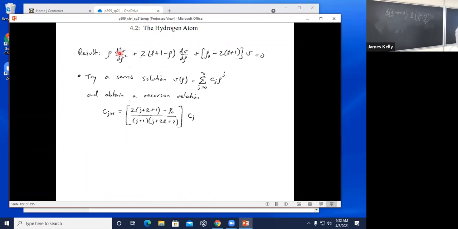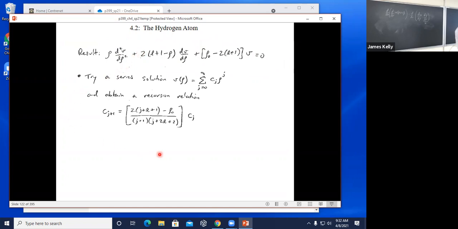Now we're going to try a series solution, okay? So I write a generic power series, and I substitute that in, differentiating term by term for the derivatives. And then you remember the technique: the coefficients of all the powers are 0, and so if I add together all the coefficients of each power of rho on this side, it's got to be 0 too.